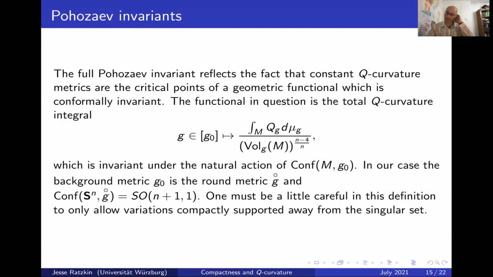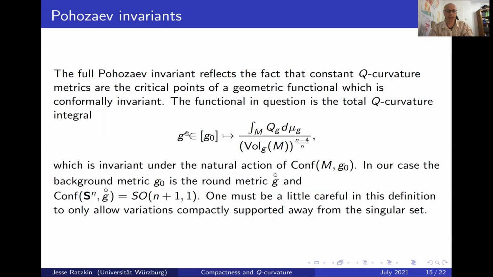So in our setting, the variational problem, the functional that we're minimizing, is this total Q curvature integral. It's given by the ratio.